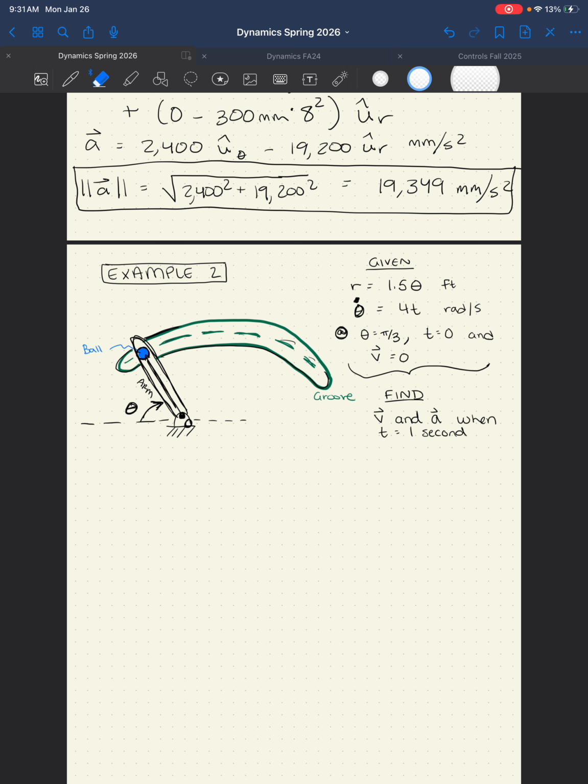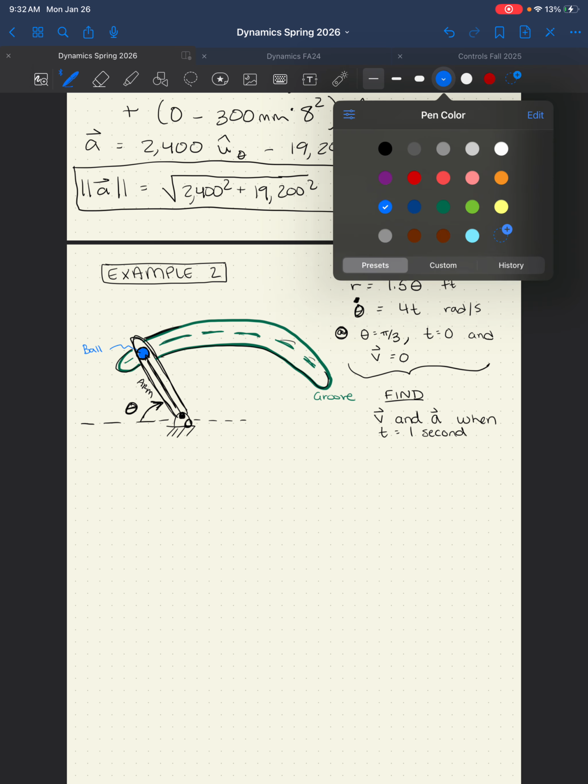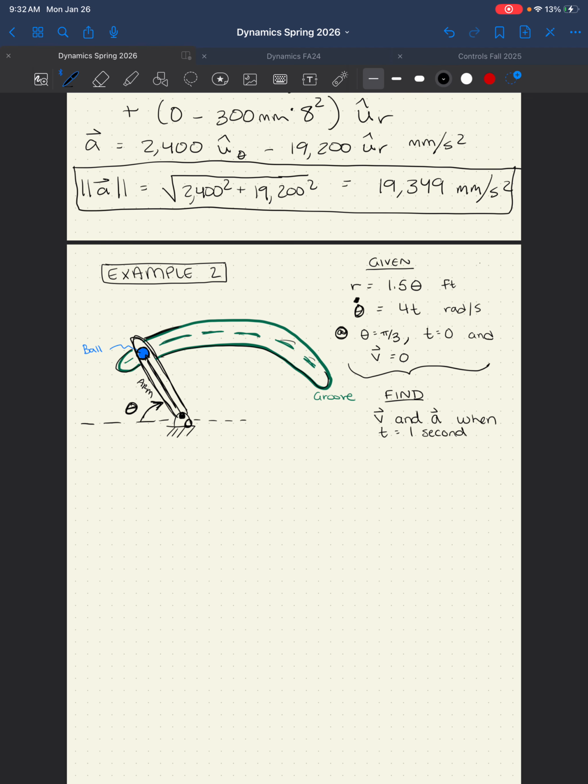Okay, so the groove defines the path, and we're actually given r as a function of theta to define that path. Okay, we're also given theta dot, and then we're given some initial conditions that says when theta is equal to pi over 3, this is time equal to 0, and velocity at that point is also equal to 0.